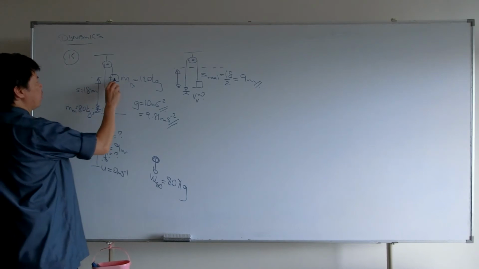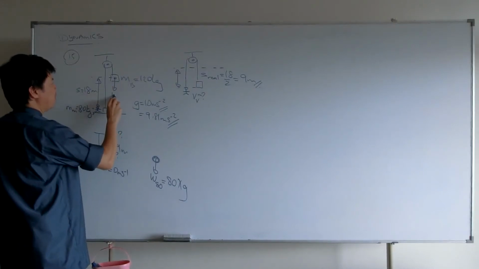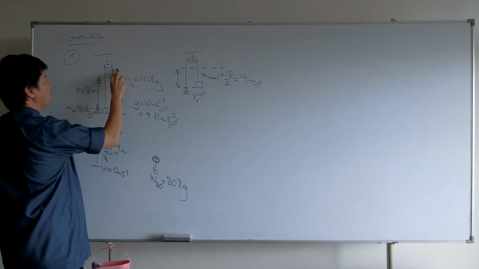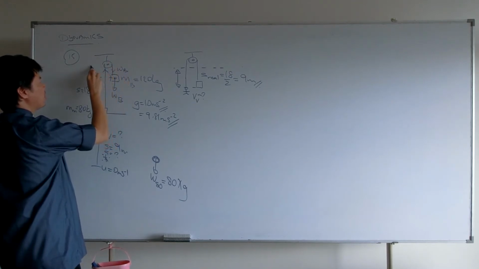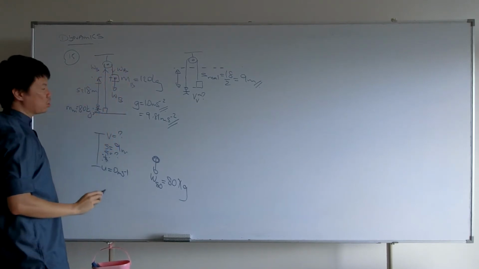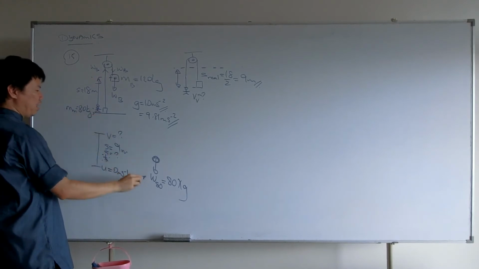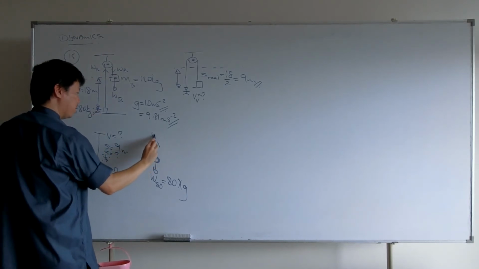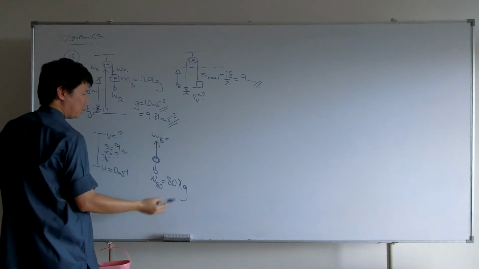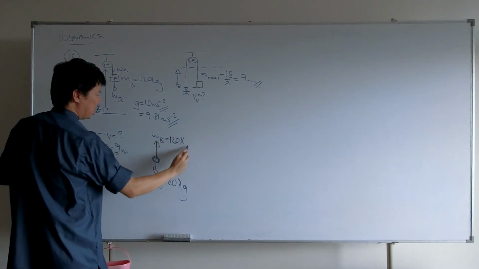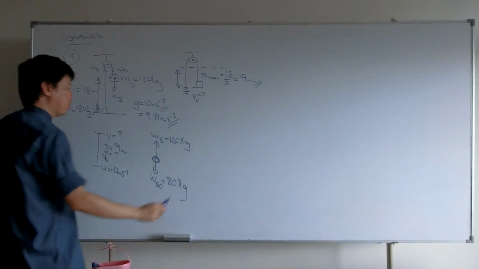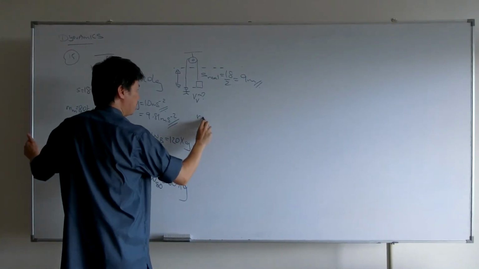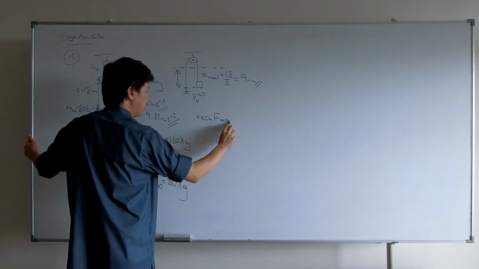If you draw the weight of the barrel, you notice the weight of the barrel is in this direction. His weight is going downwards, but the weight of the barrel is upwards. So it's 120 times g. So let's begin our equation. Resultant force is equal to ma.